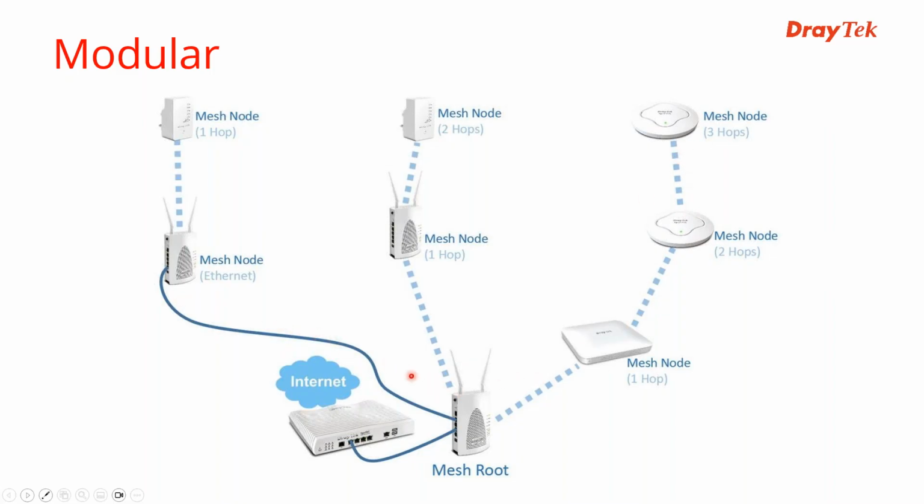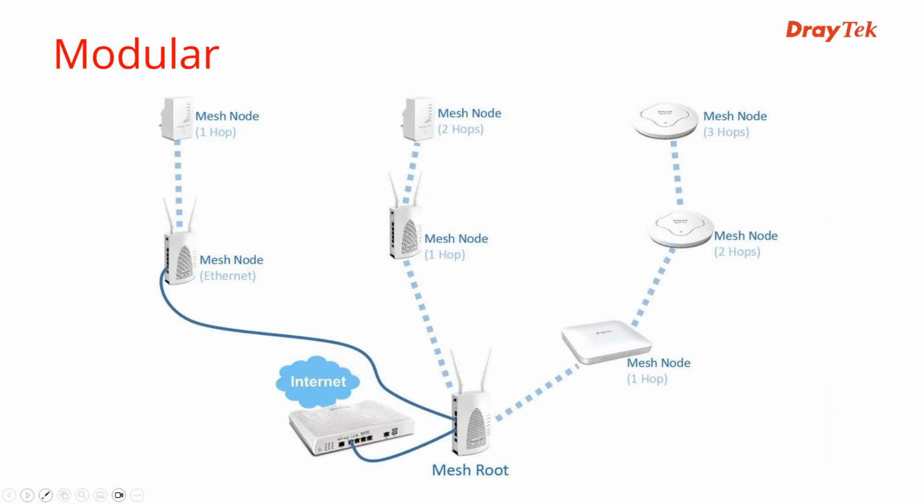The reason why you might want a wired connection is because with the hops, there is extra latency, so you will lose performance. It is best to have 1 to 2 hops, maybe 3 hops. If you don't have the wired infrastructure, then 3 hops is still fine, but you will lose some performance.